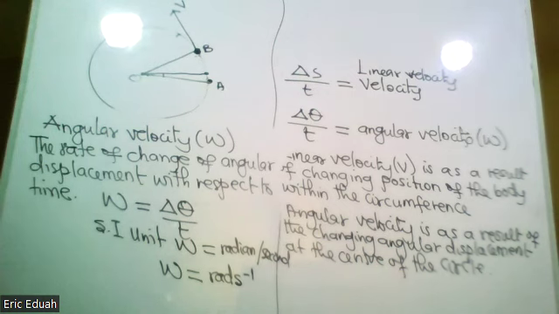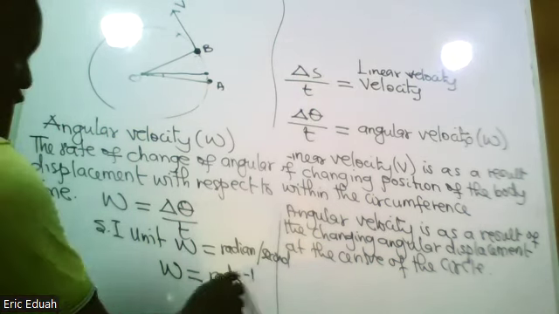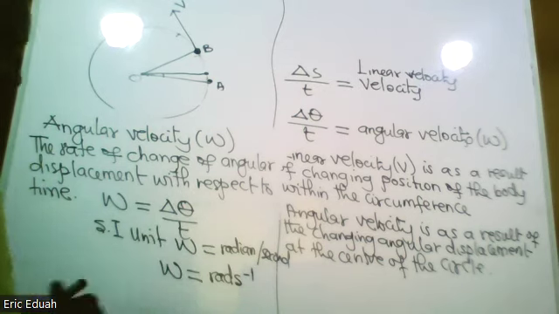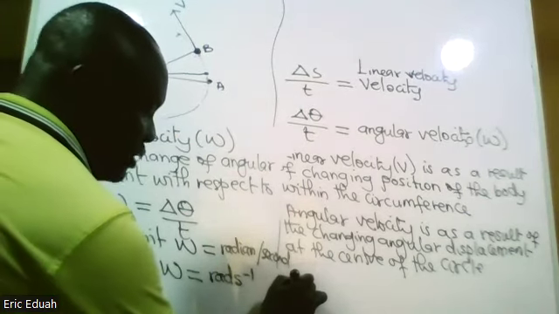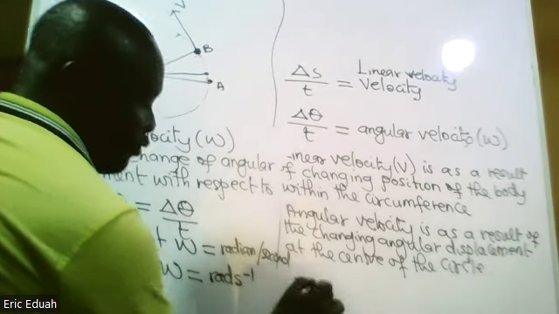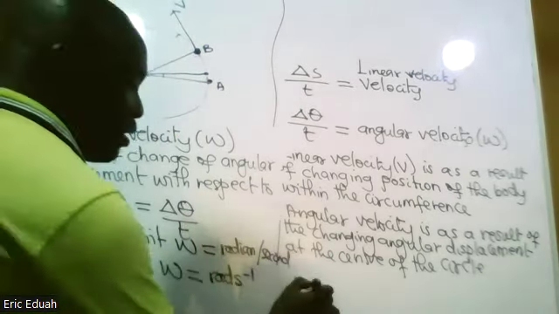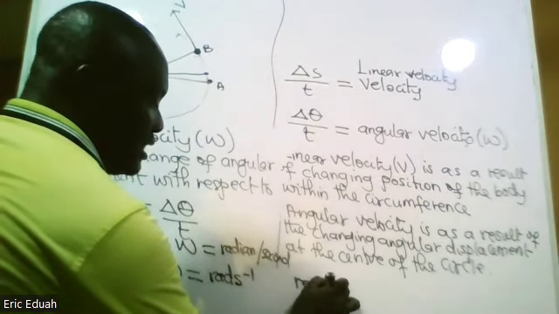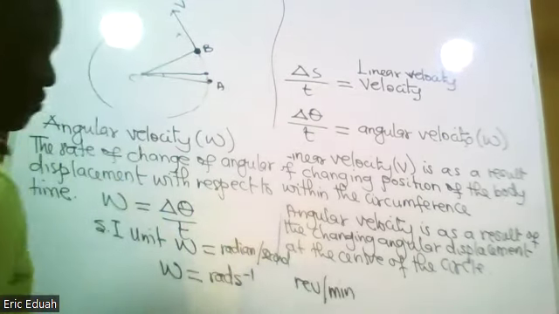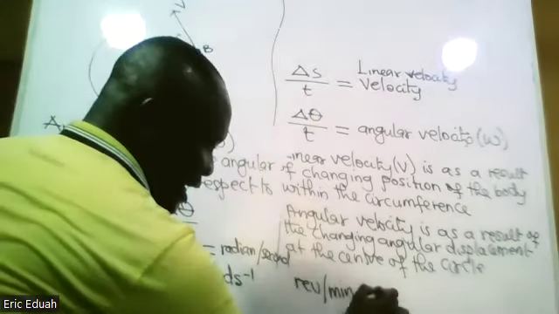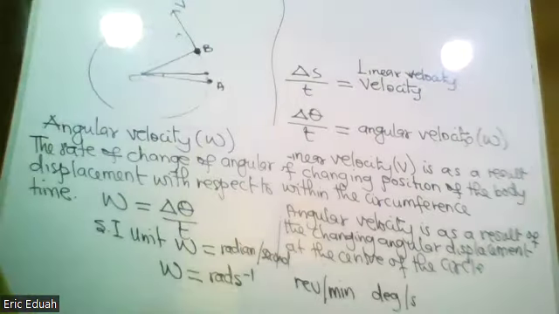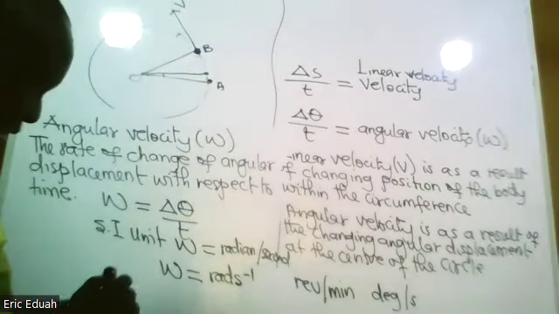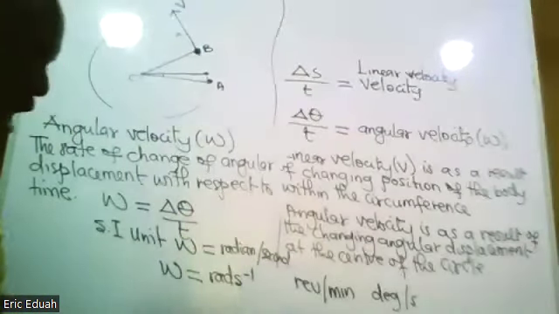Okay. There can also be other units. Don't forget there are other units for angular measurements. So you can also be given other units such as revolution per minute, degree per second, or degree per minute, degree per hour.